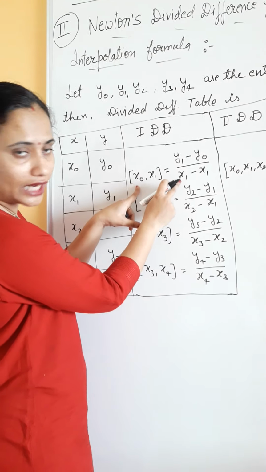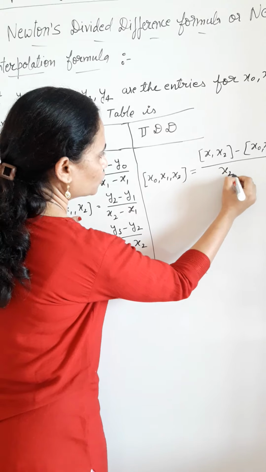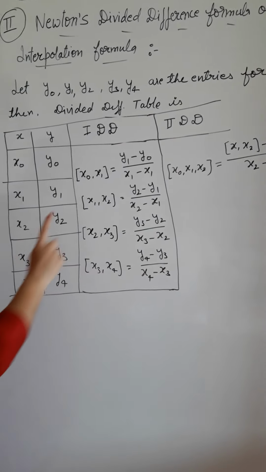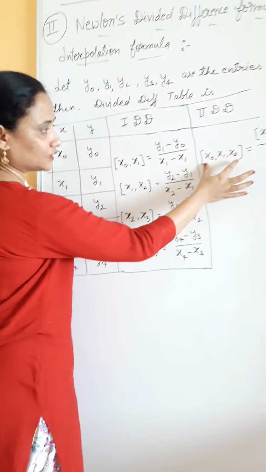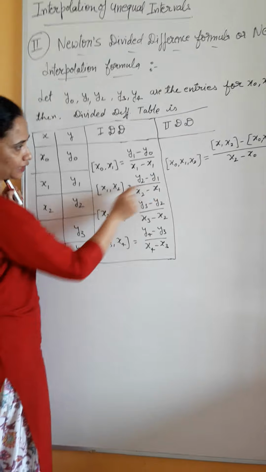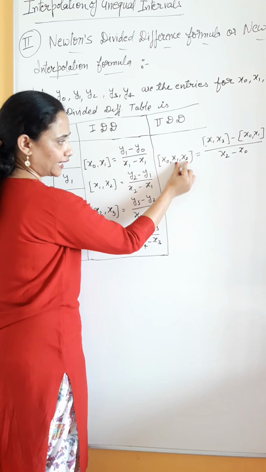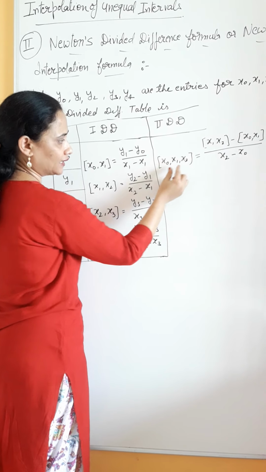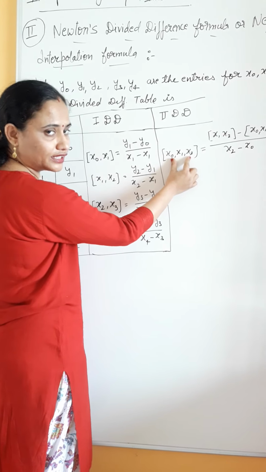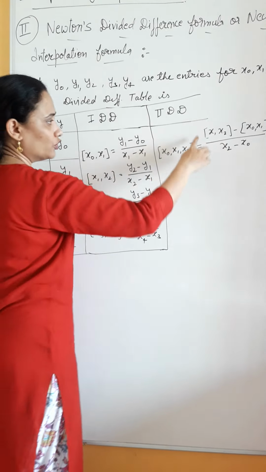With arguments only. So we take the extreme values here, x2 minus x0. Once again I am repeating, the second divided difference is denoted by [x0, x1, x2], defined as take the last two values minus the first two values, divided by the difference of the extreme values, x2 minus x0.